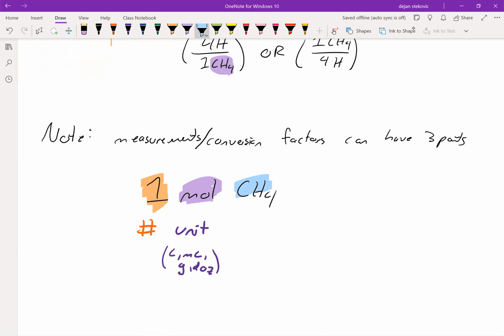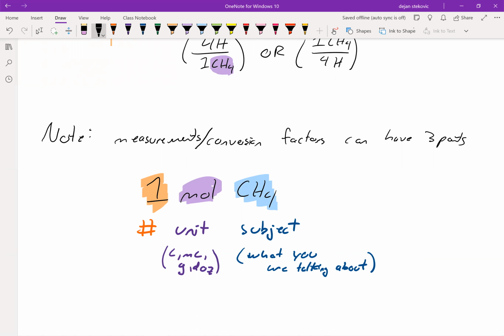And then the last, but definitely not least, is what I would call the subject. So that's what you're talking about. In this case, it's CH4, but it can be whatever you're talking about. So it's the subject. What are you measuring out, some amount of water?